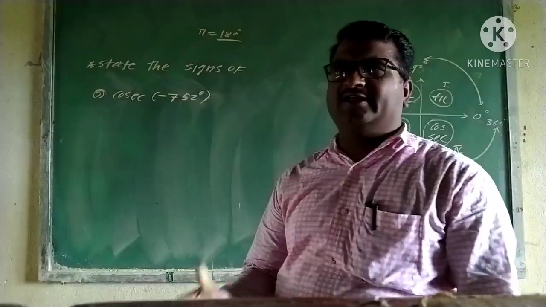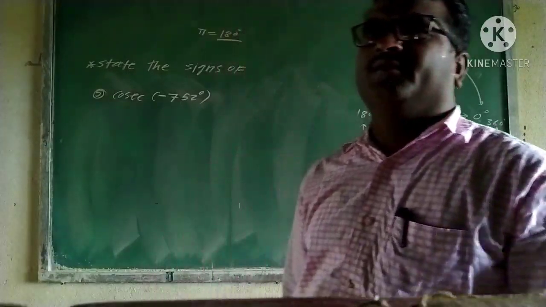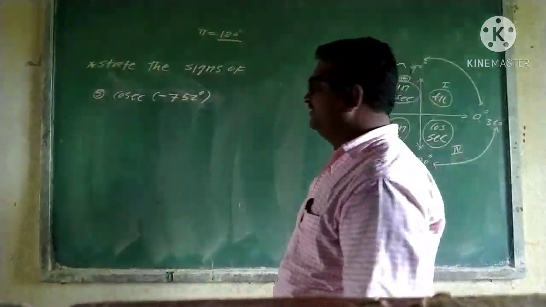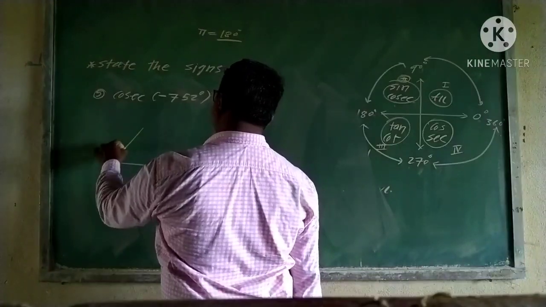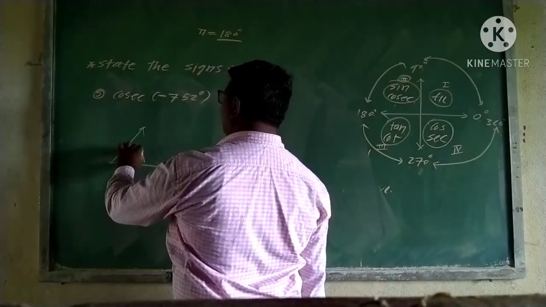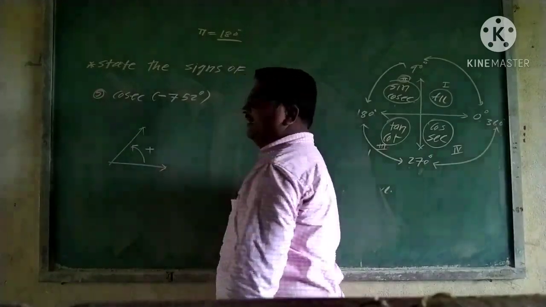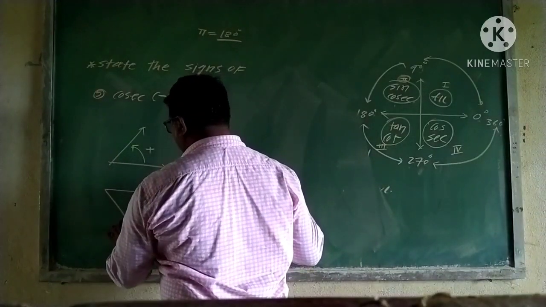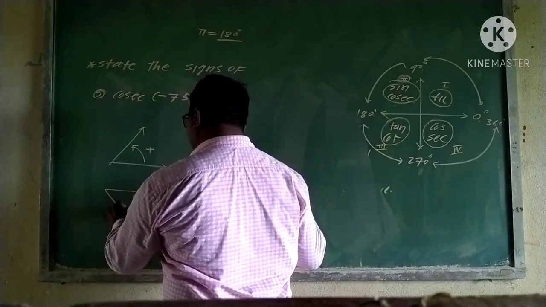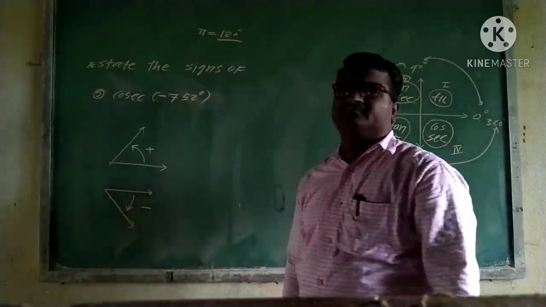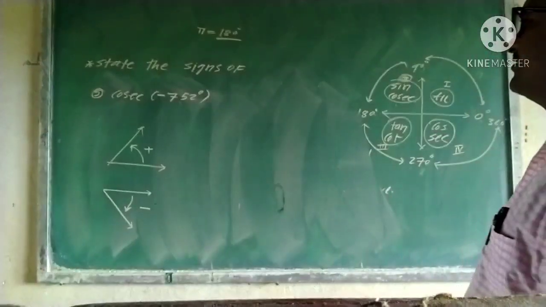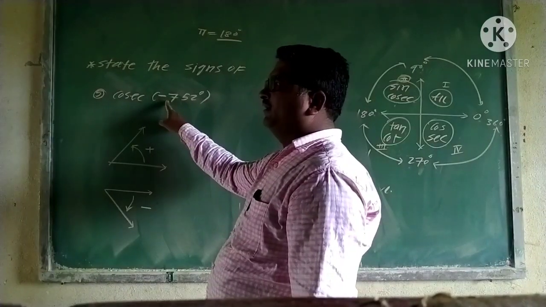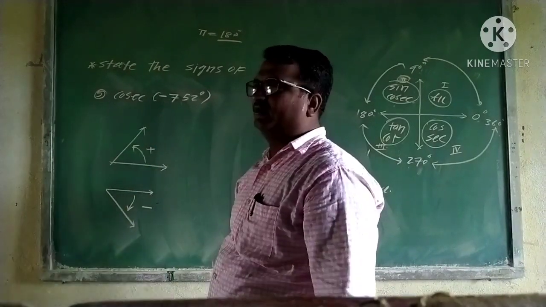Now in the last lecture I said that if the terminal ray is moving in an anti-clockwise direction, then the angle made is positive. Initial ray, terminal ray, the angle made is positive. And if the terminal ray is moving in a clockwise direction, then the angle made is negative. Here the given sign is minus, so the terminal ray moves in a clockwise direction.